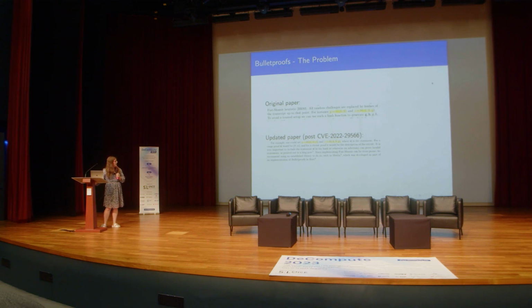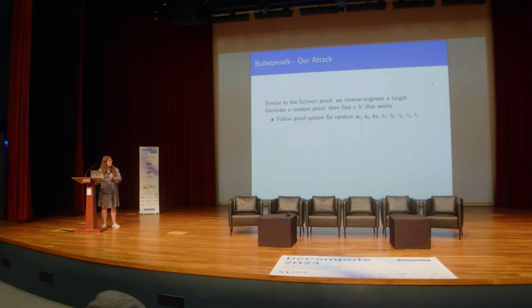And it turns out, we had talked about the Schnorr proof, how you go about doing that. This is actually very similar. The structure is pretty much the same. You're going to reverse engineer a target. So we're going to generate a proof with a bunch of randomized values.